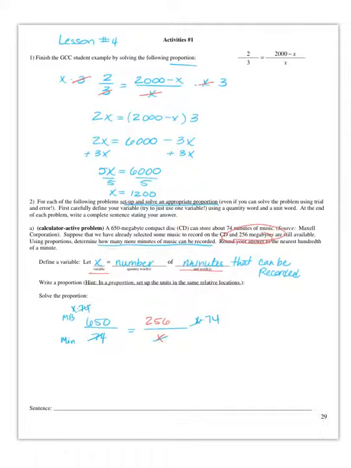Our denominators will cancel, and we'll carefully rewrite what's left. 650x is equal to 256 times 74. Dividing both sides by 650, we'll find our x is equal to 29.14 minutes.